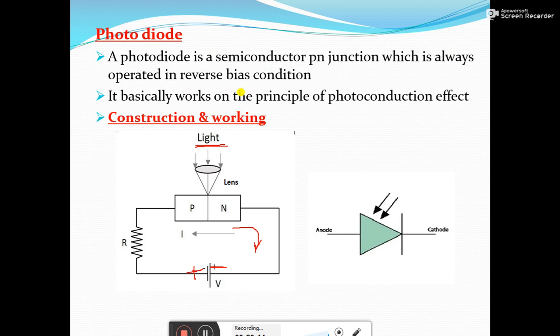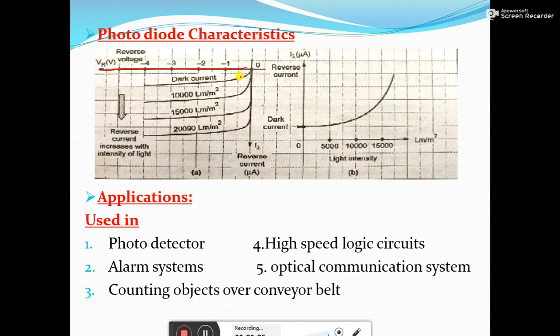Dark current in the sense, whenever this is reverse biased and no light is made to fall on this junction, the current will be very small, and that current is called dark current. This is the amount of dark current, a very small amount of current that will flow. Since the intensity of light is measured in lumens per meter square, if you go on increasing the intensity with different intensity values of the light source, I am going to get an increase in the reverse current.